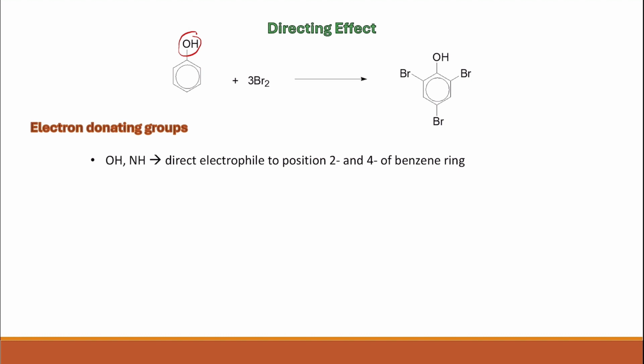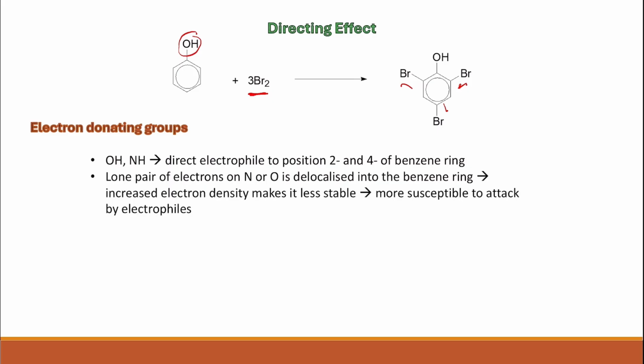What happens is that the lone pair of electrons on the nitrogen or oxygen will be delocalized inside the benzene ring, and that will increase the electron density in the benzene ring, making it less stable and more susceptible to attack by the electrophile.